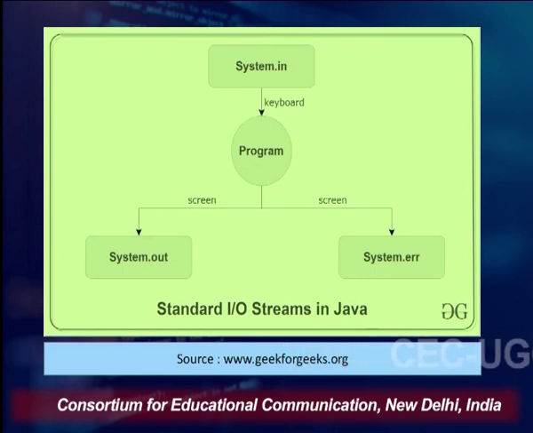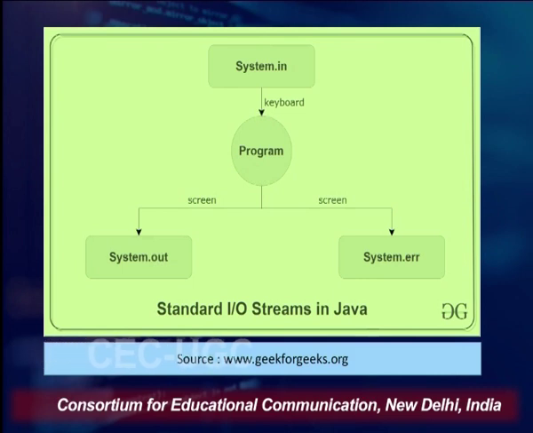It could be either output data with the help of the System.out stream, or it could be System.err. So, either it is going to be output data or it is going to be error data. Both, I am assuming here, are going to be displayed onto the screen.